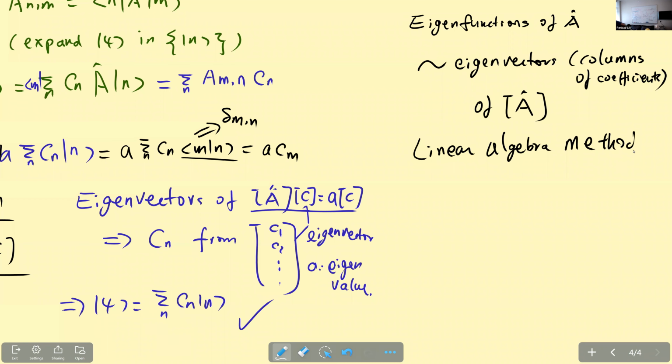The method is equivalent to this PDE method, PDE plus the boundary condition.